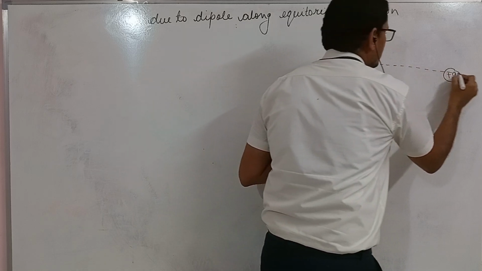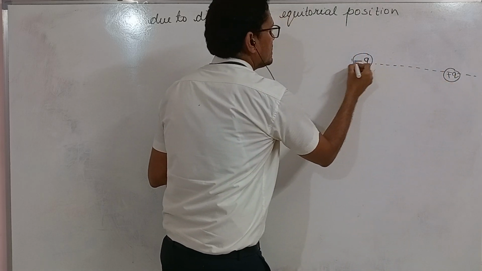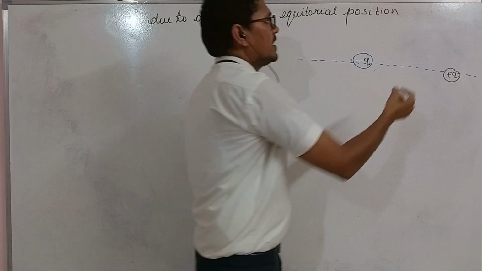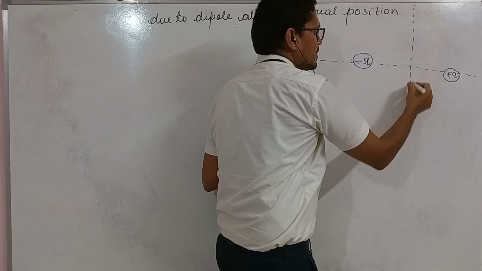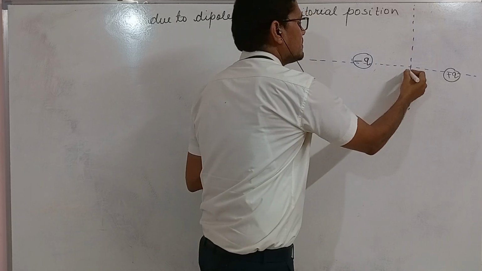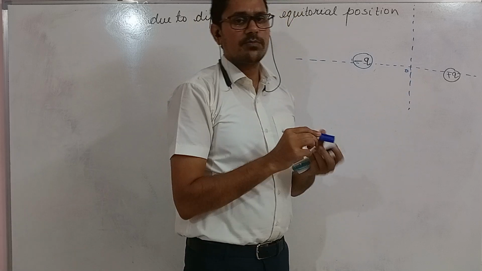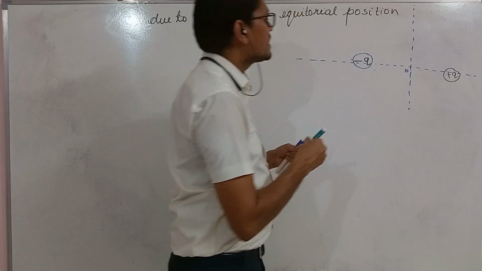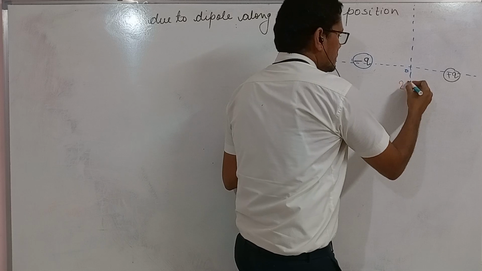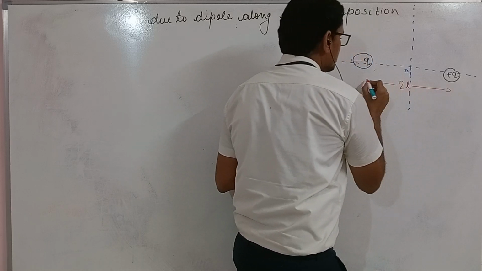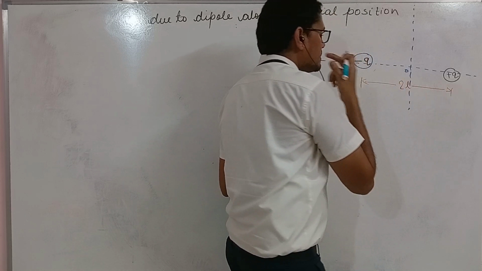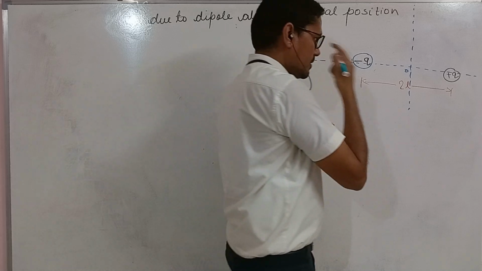Let's say this is the x-axis, the line joining the charged particles, fine. And here we have the y-axis. This is the origin we have, and the distance between the charged particles is taken 2L here. The charged particles are separated by distance L from the origin.